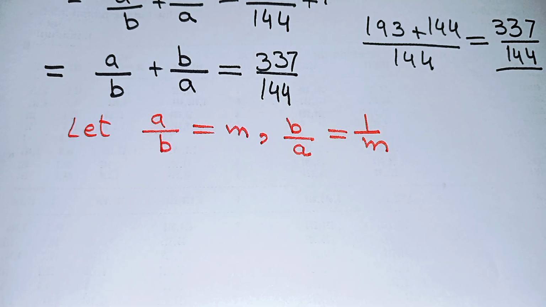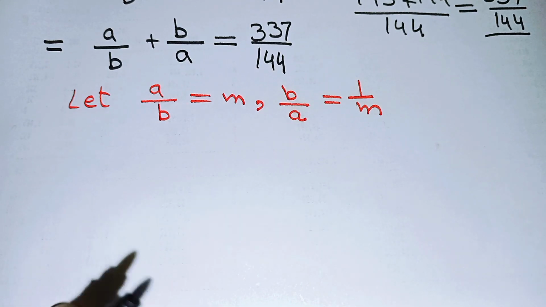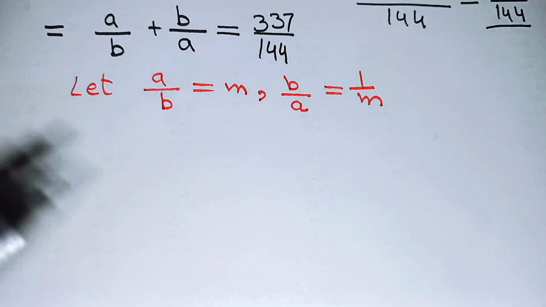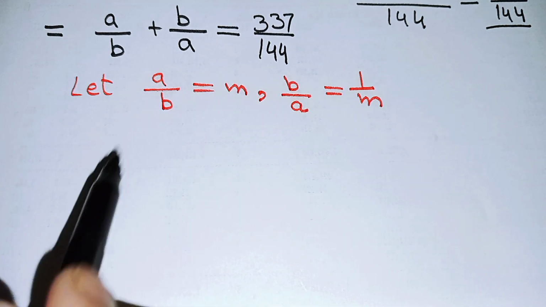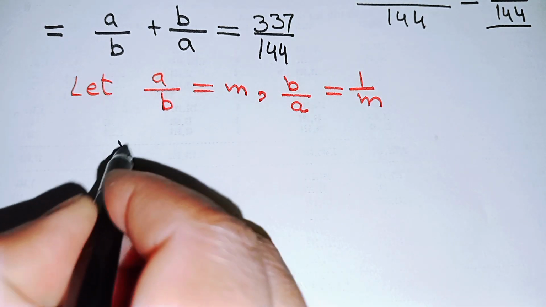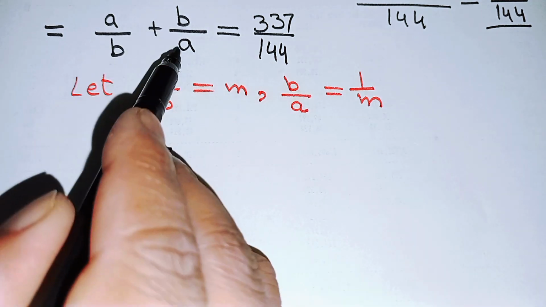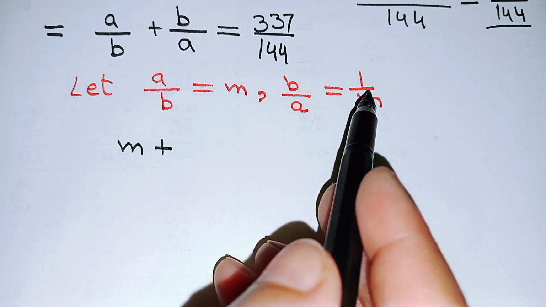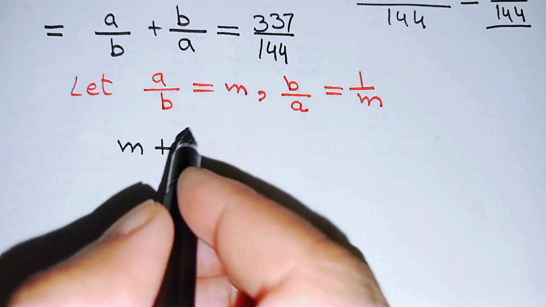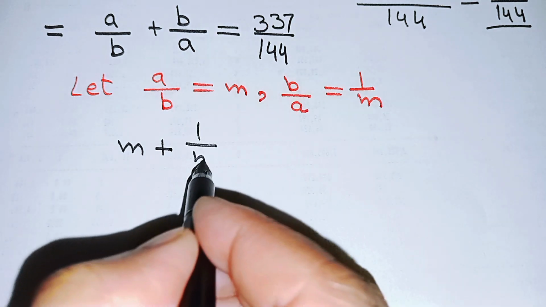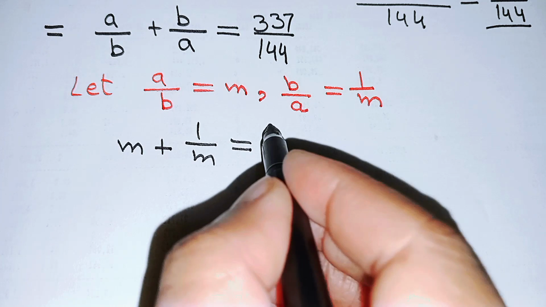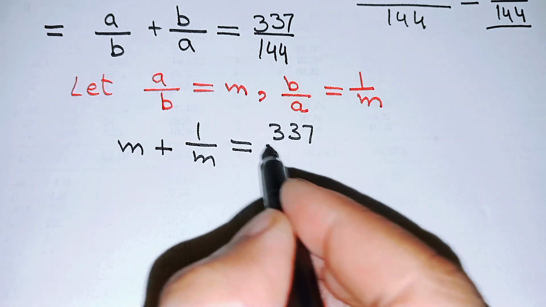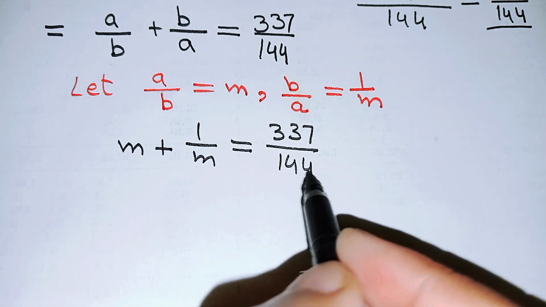So we substitute these values: m plus 1 over m is equal to 337 over 144.